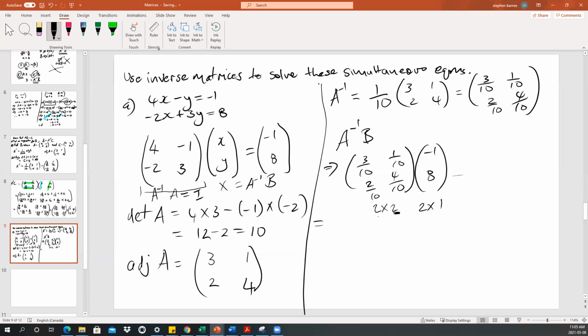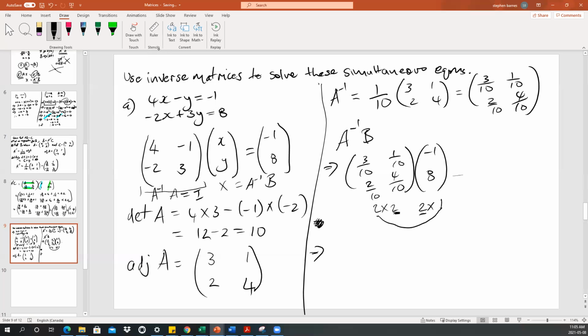Make sure the number of columns in the first matrix matches the number of rows in the next. Once those are the same, the multiplication is well defined and you won't run into any issues. The outer two numbers tell you the kind of matrix you should get: a 2 by 1 matrix.